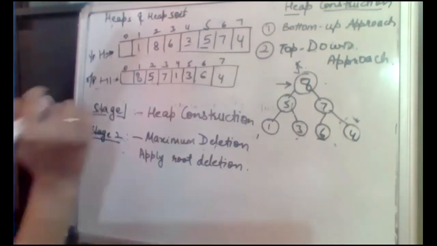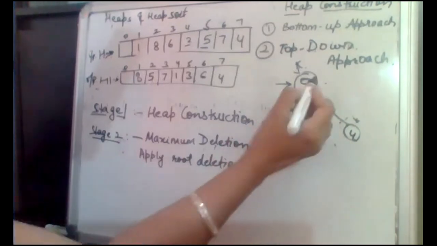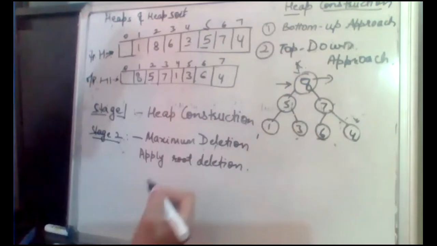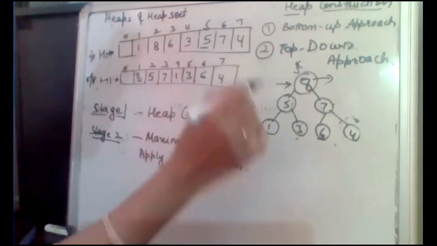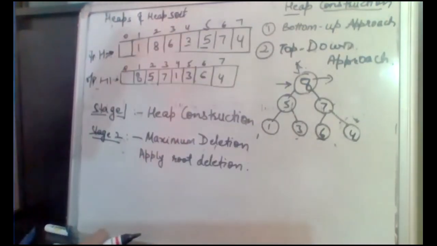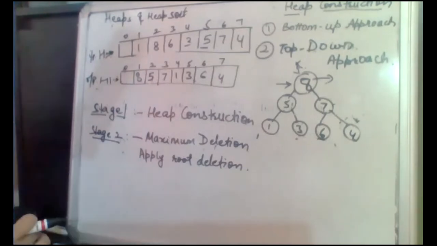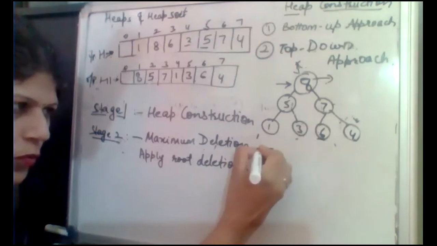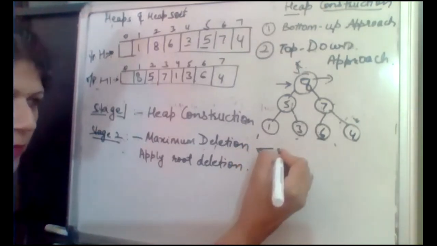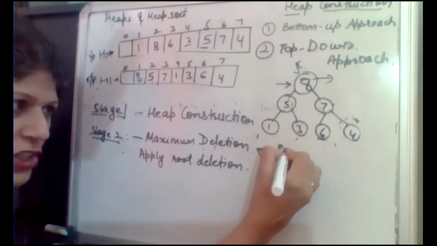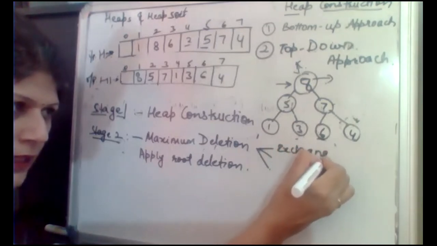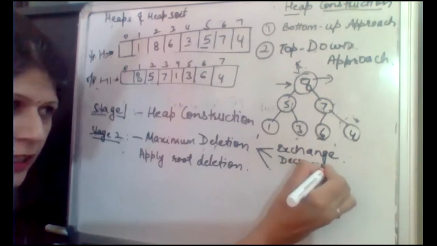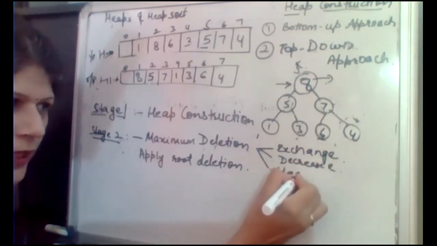We'll keep on applying the root deletion. So first 8 is taken out, then 7, then 5, then 6, and 4, 3, 1. So the deletions will happen in that order. Every time the deletion is there, it is going to work in 3 steps. That means it is going to exchange the root and the last element, decrease the heap, and then heapify.